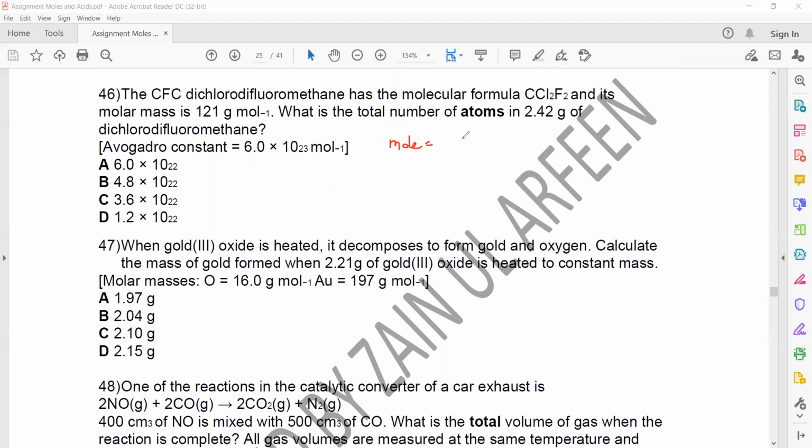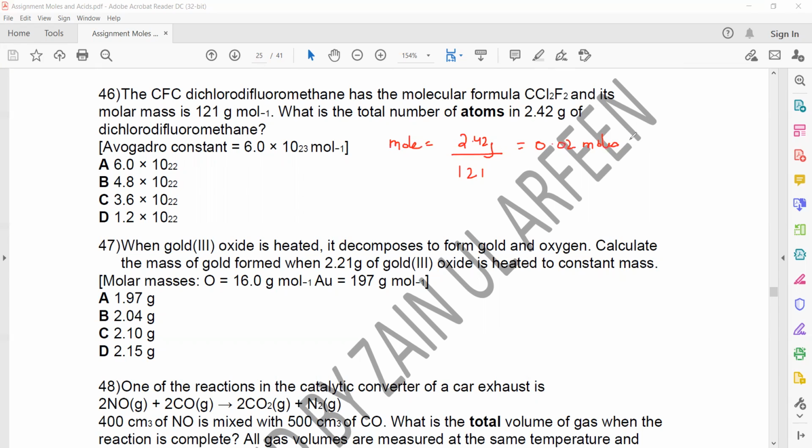So we know the moles equal mass in gram, which is 2.42 gram, divided by molar mass, which is 121. So 2.42 divided by 121, this will give us 0.02 moles.